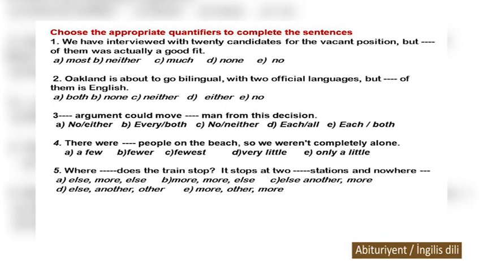We can't use most in that case, and then we can't use much because much isn't used with plural nouns. And what about no? After no, we don't use of. And what about B and D?